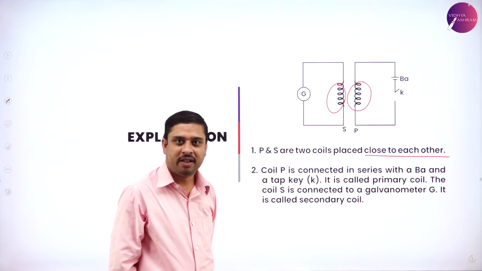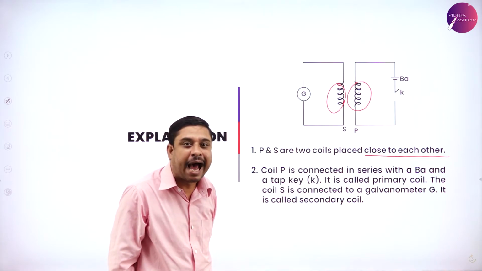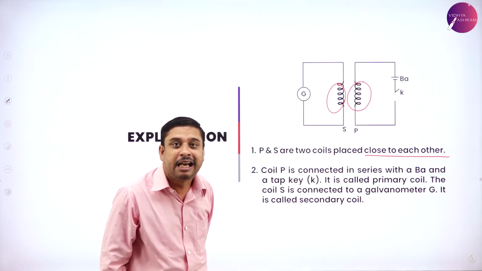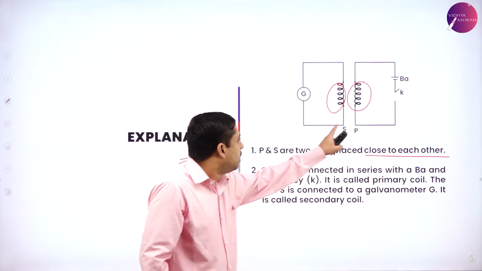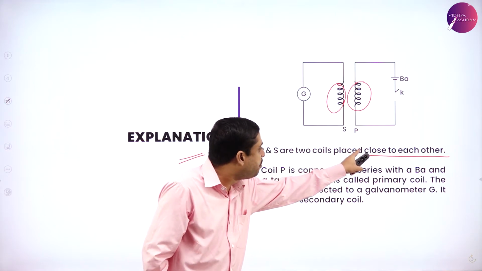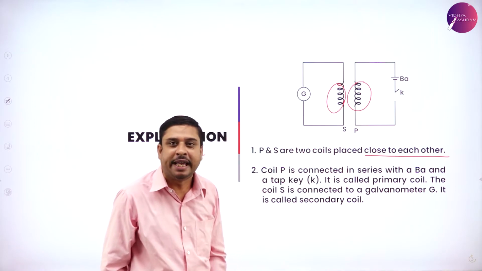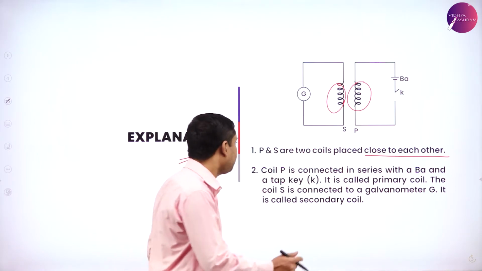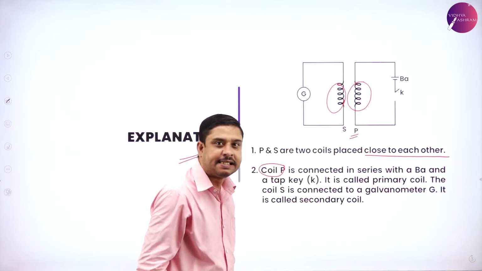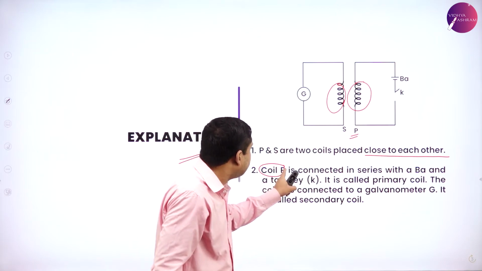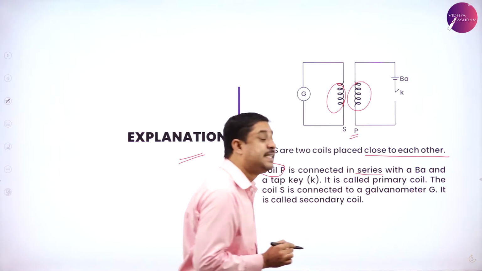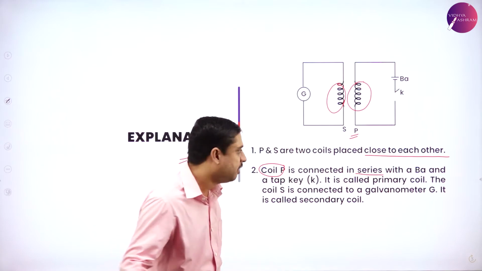101 times I have told, if induction has to happen, there should not be any physical contact. So P and S are the two coils placed close to each other. Now, the coil P, as you can observe in the circuit, is connected in series with what?